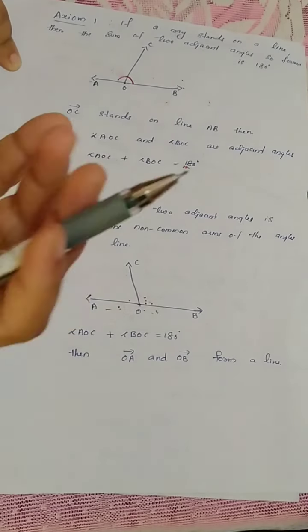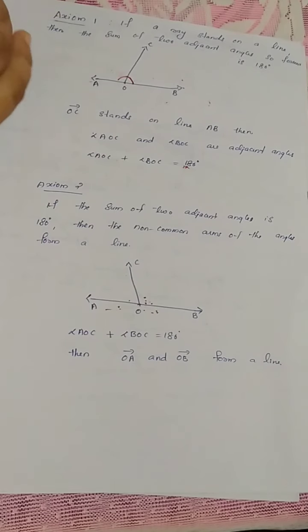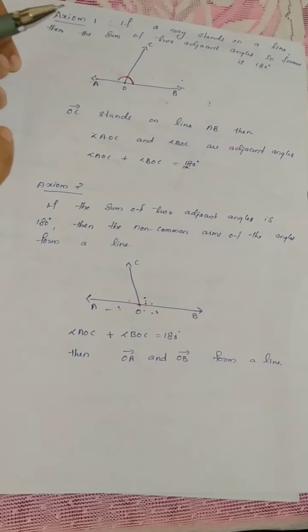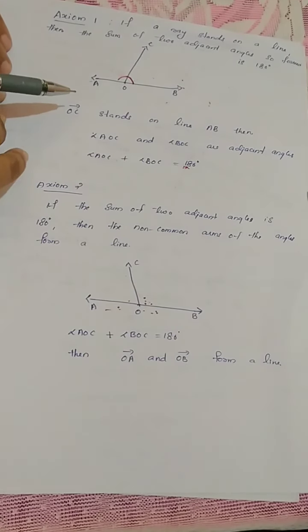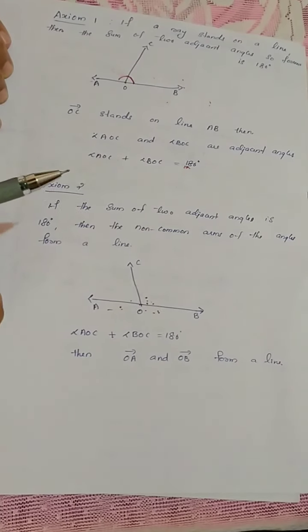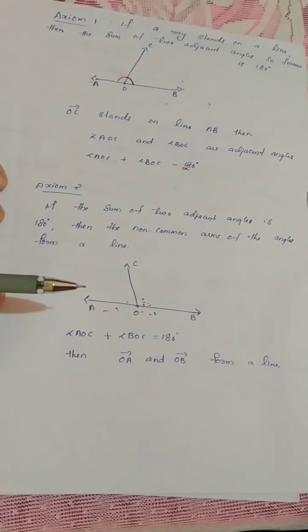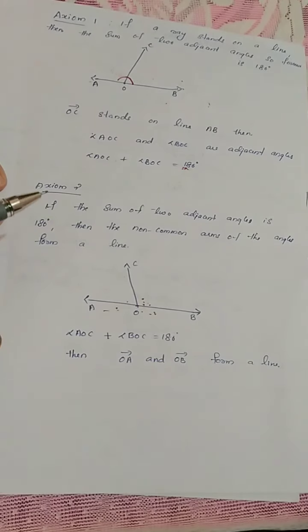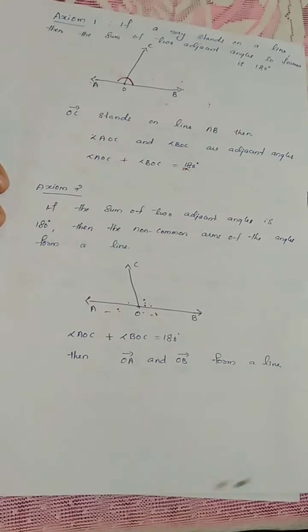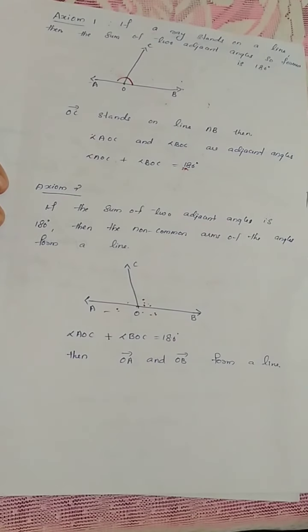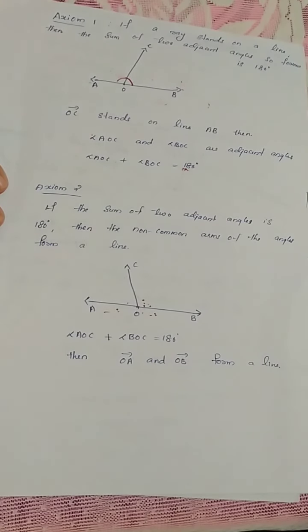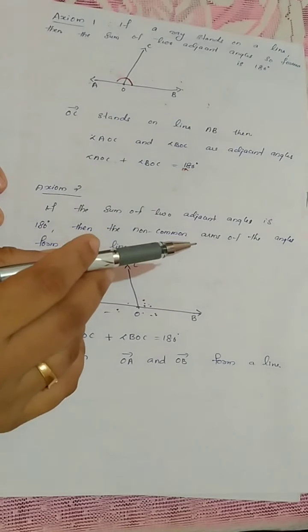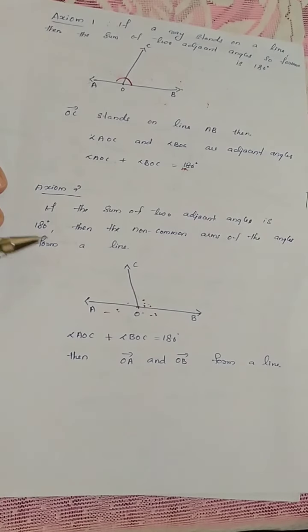The second axiom is the converse of axiom 1. So axiom 2 is, if the sum of two adjacent angles is 180 degrees, then the non-common arms of the angles form a line.